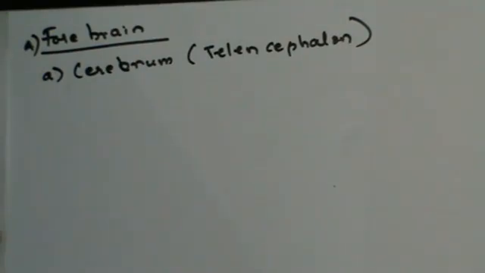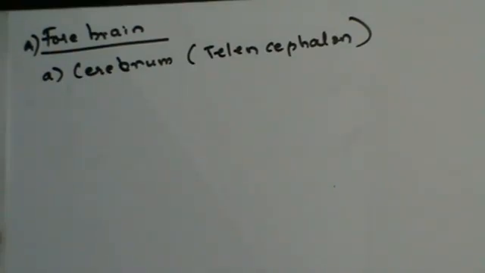Next, the outer surface of the cerebrum is made up of the cerebral cortex, which is made up of nerve cells. The nerve cells are also referred to as grey matter, while the inner part of the cerebrum is called the cerebral medulla, which is made up of nerve fibers, called white matter.